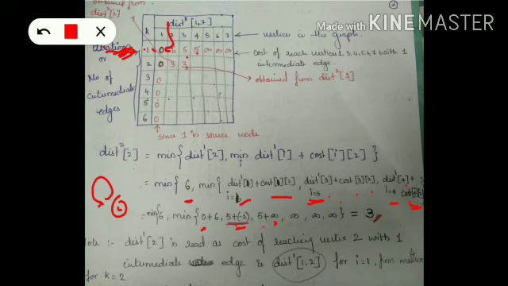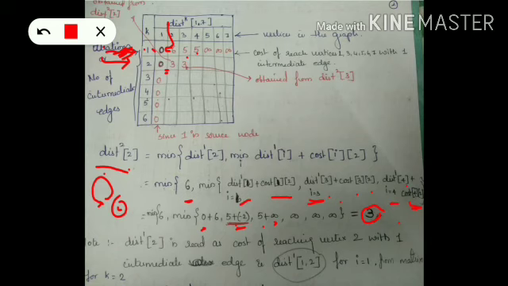I find the minimum value amongst these to be 3. So therefore, dist^2[2], reaching the second vertex, has a minimum cost of 3. So you can observe here dist's second iteration reaching the second vertex is at the cost of 3, right? So I have now found dist^2[2].